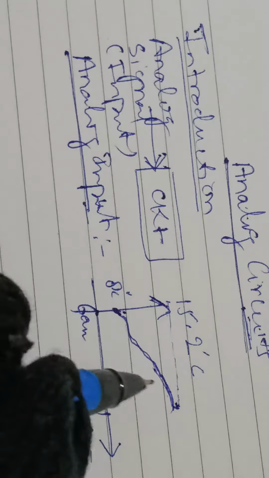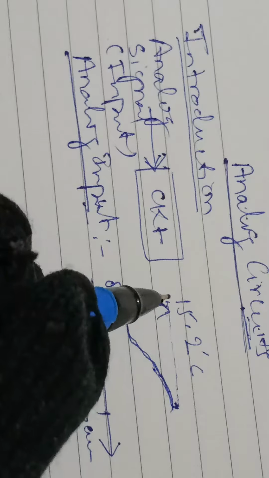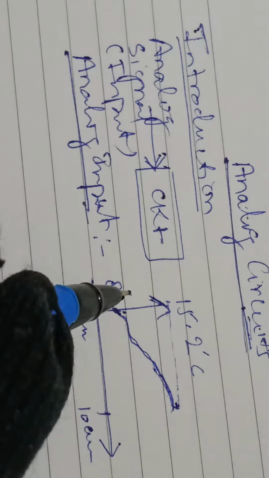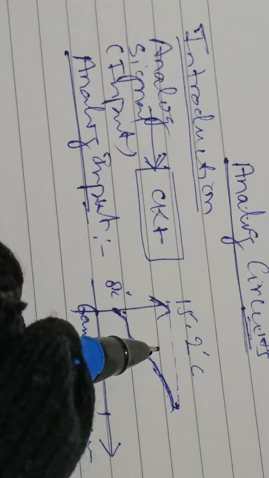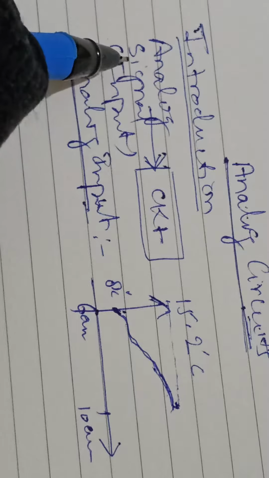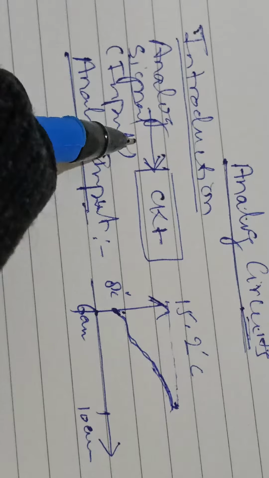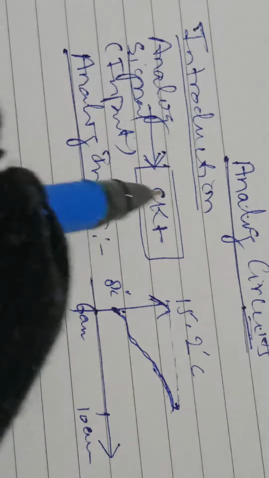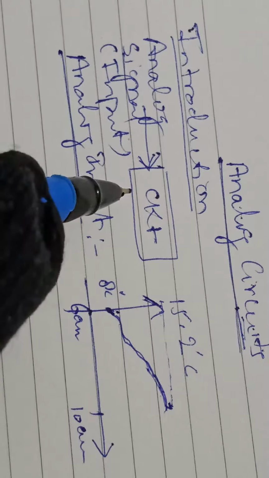Means a representation which can show an infinite number of possible values is called analog representation. So the signal which represents its behavior by an infinite number of possible values is called an analog signal.